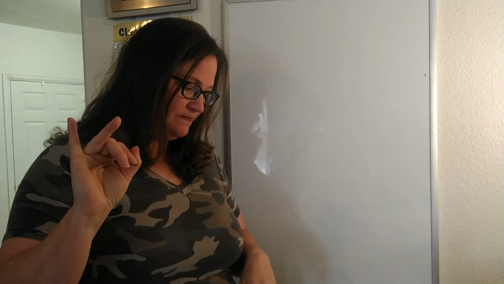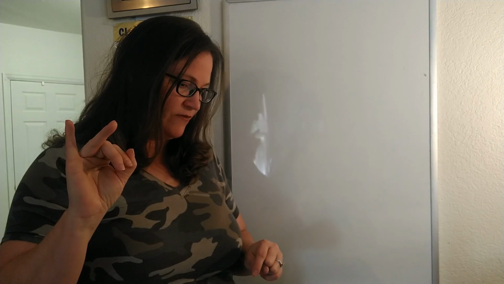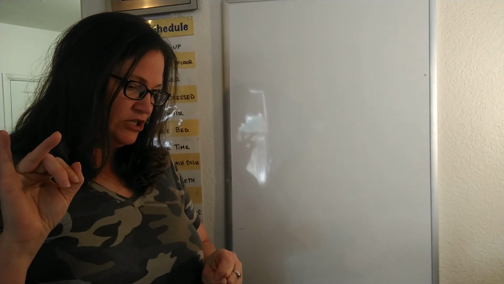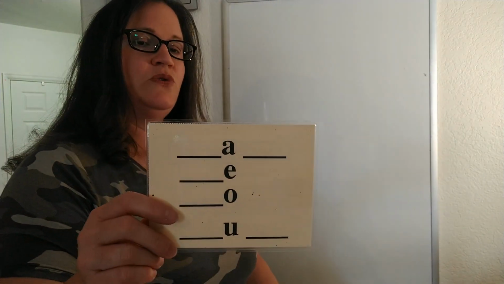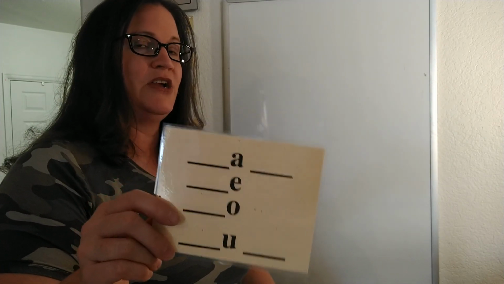Let me think about that for 1 second. It should be I, right? So remember our rule 4 says that A, E, O, and U usually say A, E, O, and U at the end of a syllable. But if it ends in A, it could say ah, like ma and pa. Okay, that's why we got our ma.